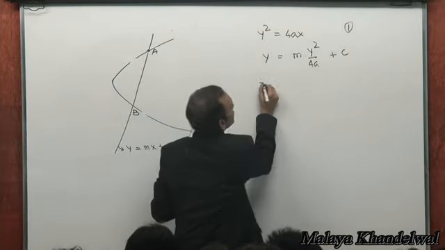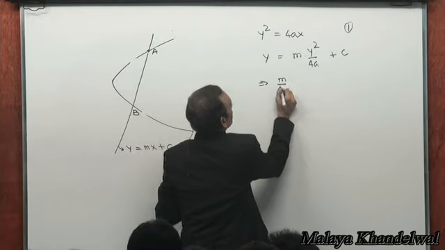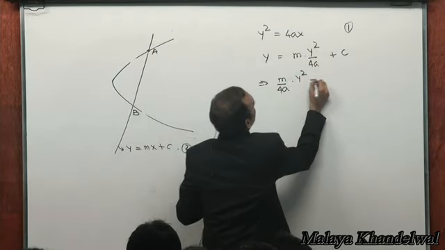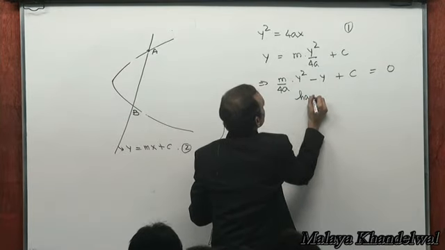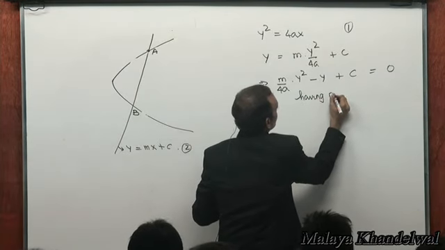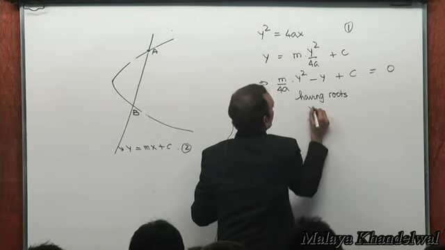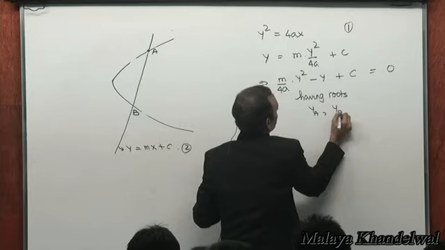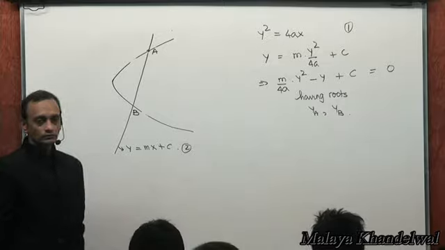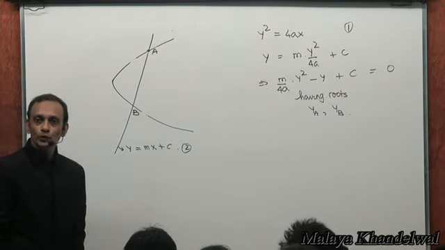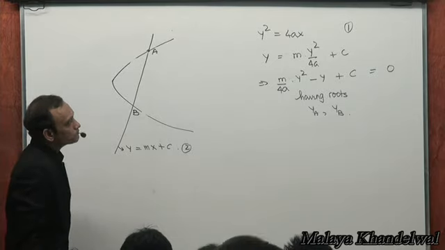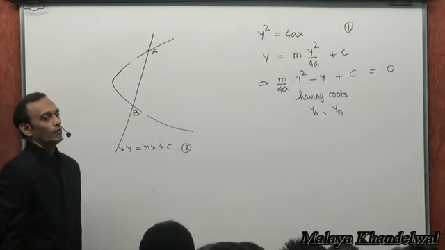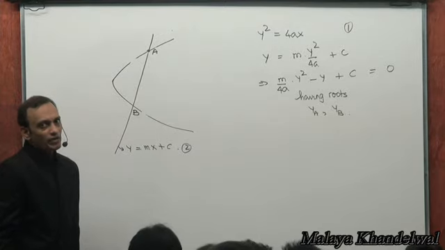So this would give me m by 4a into y squared minus y plus c is 0, having roots ya and yb. Yes or no? Right? Sounds all right?